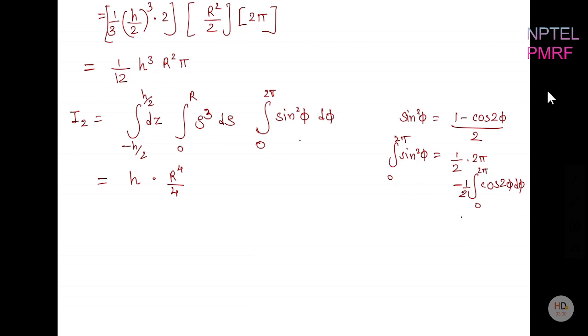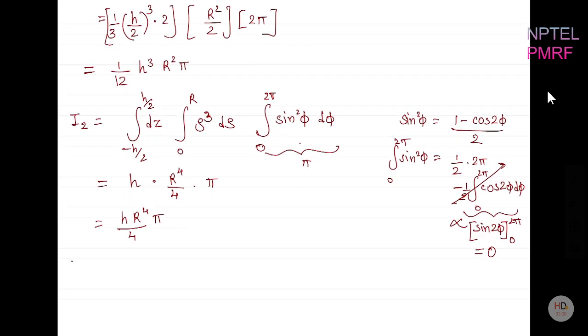But we know that this is proportional to sine 2 phi, where phi is from 0 to 2 pi, which is just 0, because sine 0 is 0, sine 4 pi is also 0. Okay, so this term gets cancelled. So this entire thing is just pi. So this becomes h r to the power 4 by 4 pi.